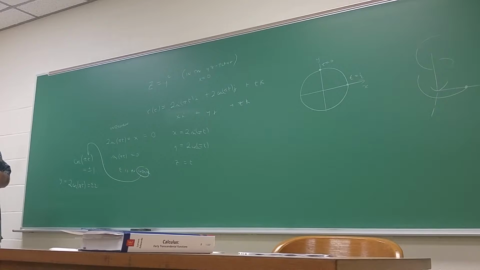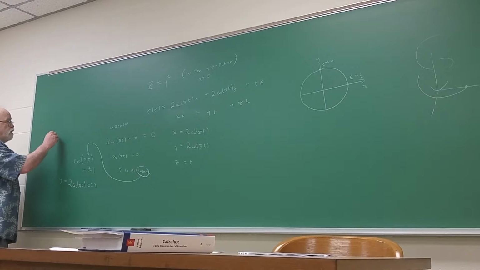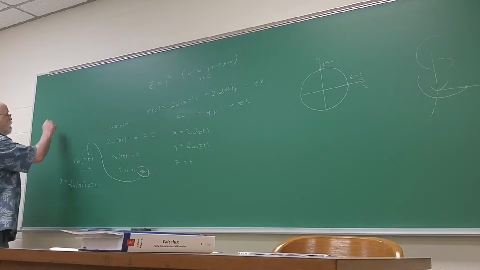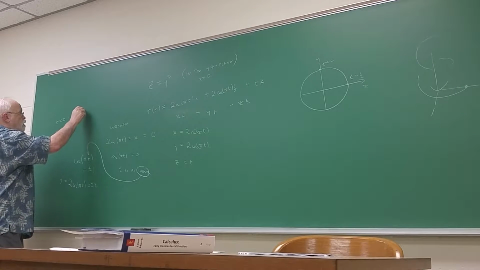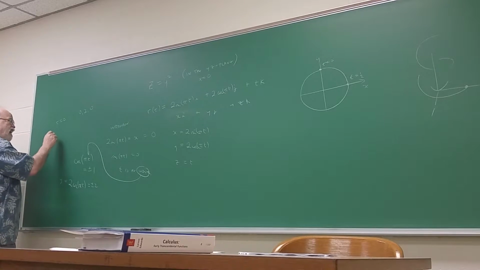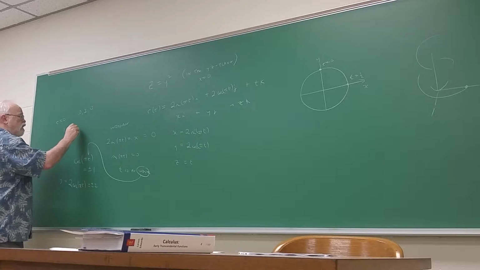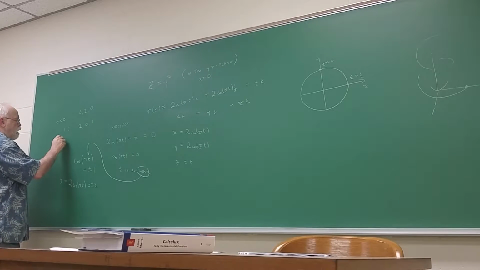And that being the case, the z is t. Just try one after the other. If we have t equals 0, then we're looking at 0, 2, 0. And if we look at t equals 1, x would be 2, y would be 0, and this would be 1.